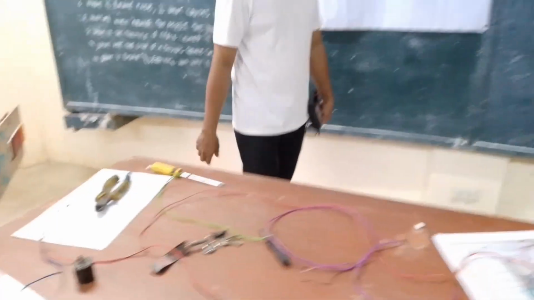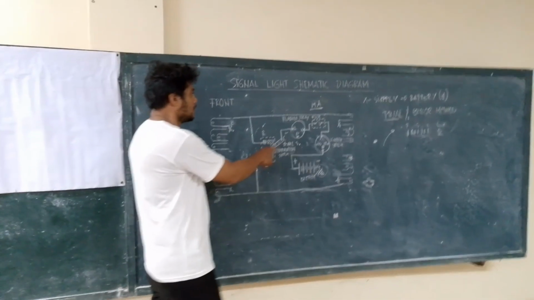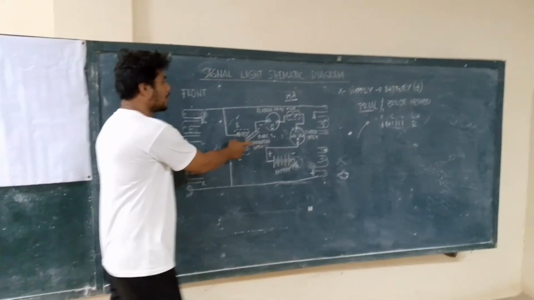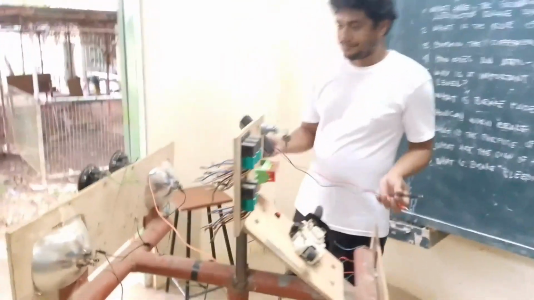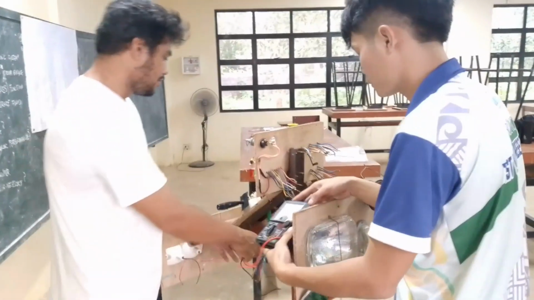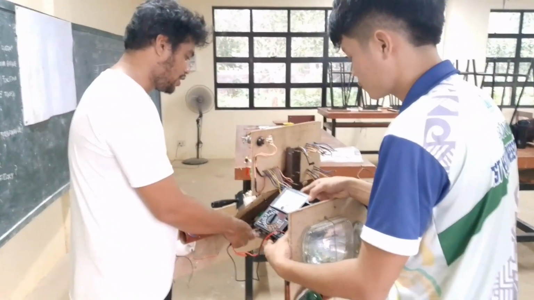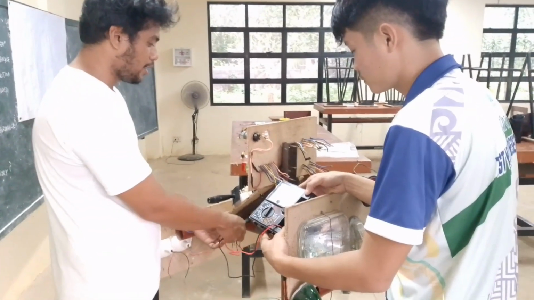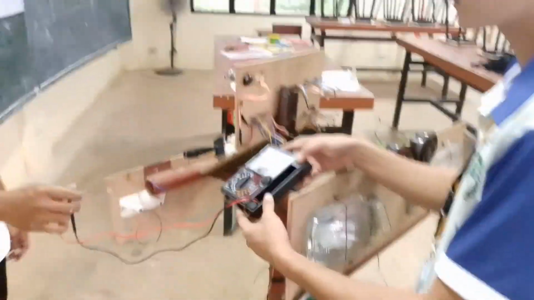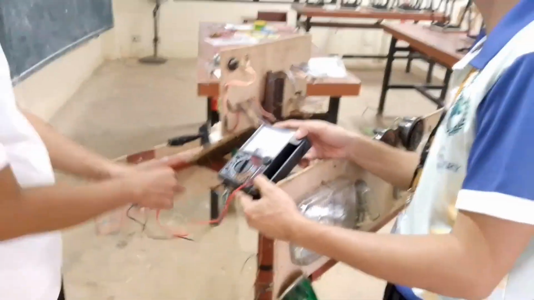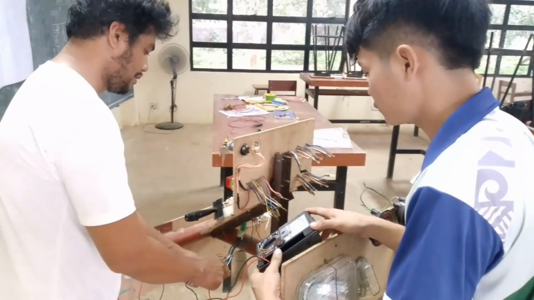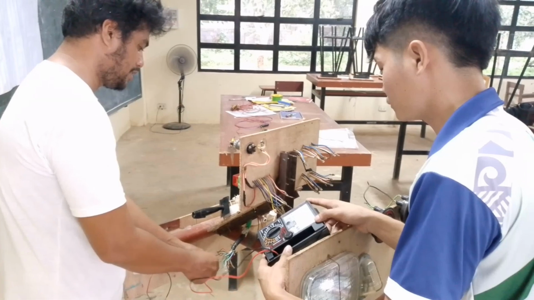So here, first and foremost, we need to locate where is common, left and right in our signal light switch. So let's proceed. Here in our actual combination switch, I already located the common, the left and the right for easily doing this activity.